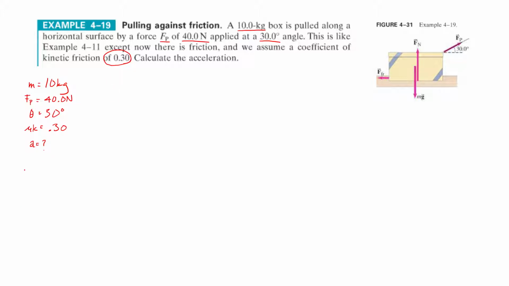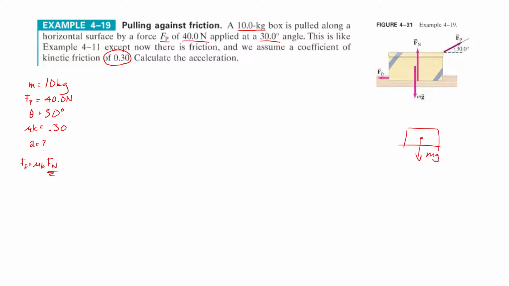From what we remember, to find friction, it's the friction coefficient times F normal. So we really need to find F normal. So let's draw a free body diagram.